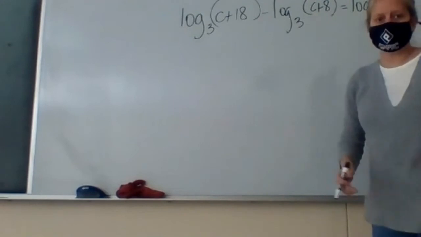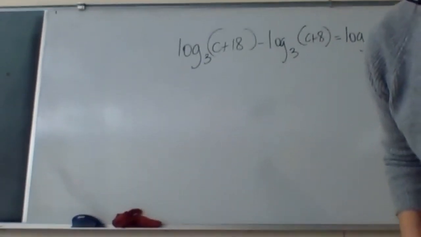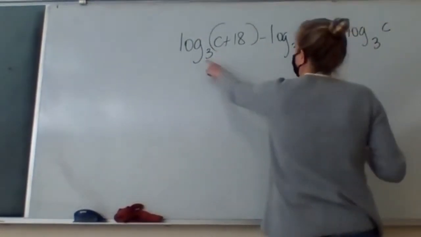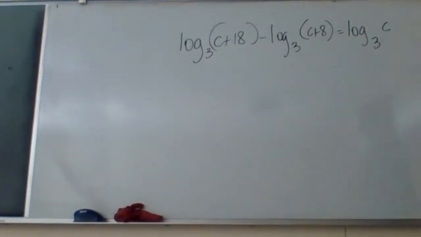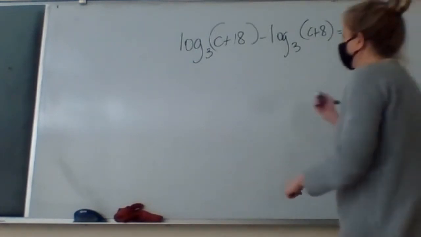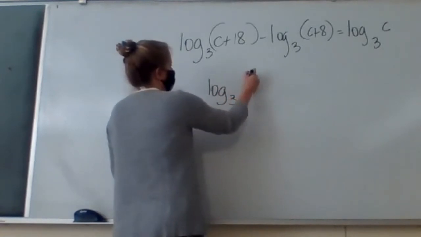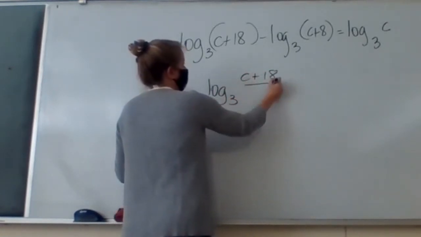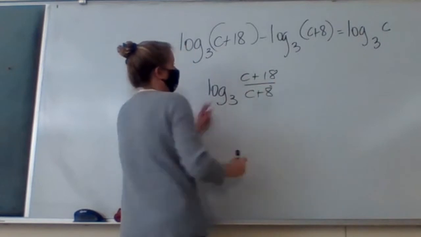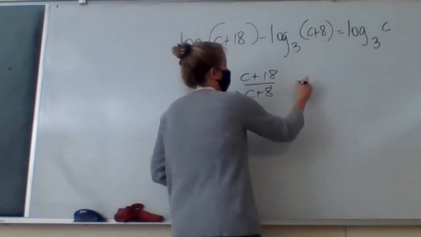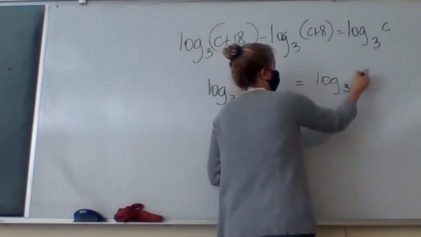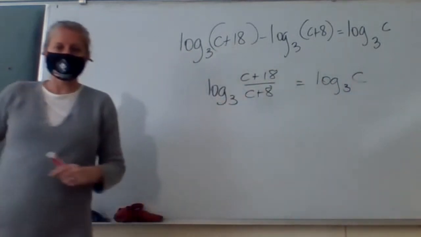So the first thing I want to do is simplify this left side, right? These are both log base 3's that are subtracted. I can simplify that by rewriting that as one logarithm. Since it's subtracted, I'll put the first one over the second one. So now let's see, I've got log base 3 of c plus 18 over c plus 8 equals log base 3 of c.